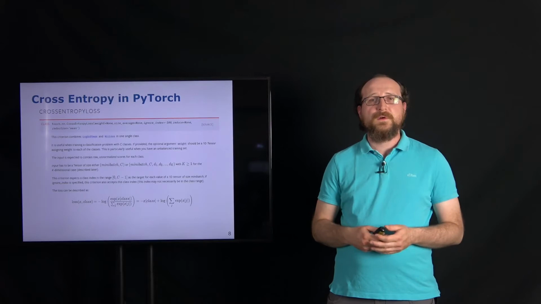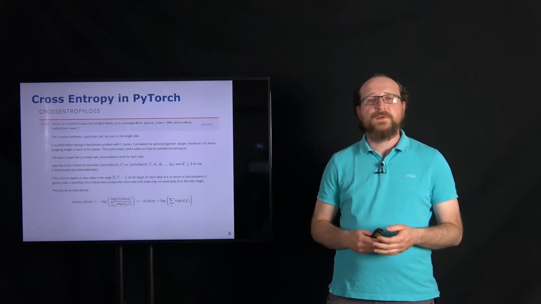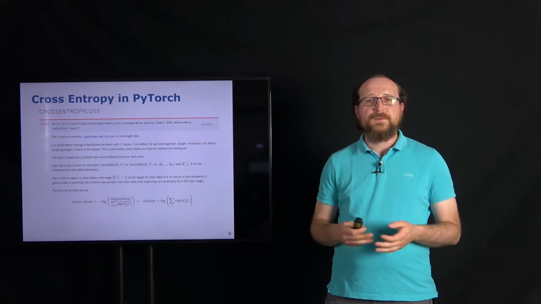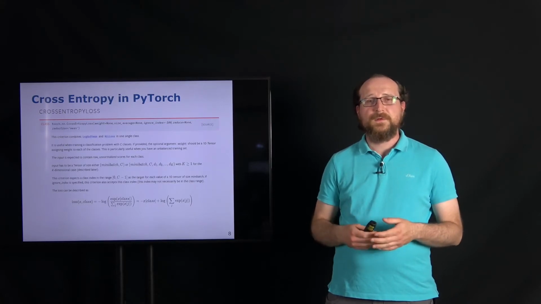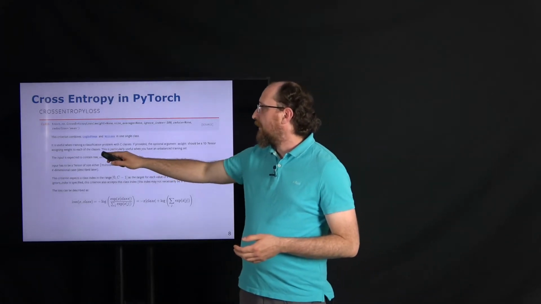And as you can see on the bottom of the slide, it's exactly the same as said. In the beginning it's also said that this is basically just the combination of the log of the softmax function and the negative log likelihood loss.